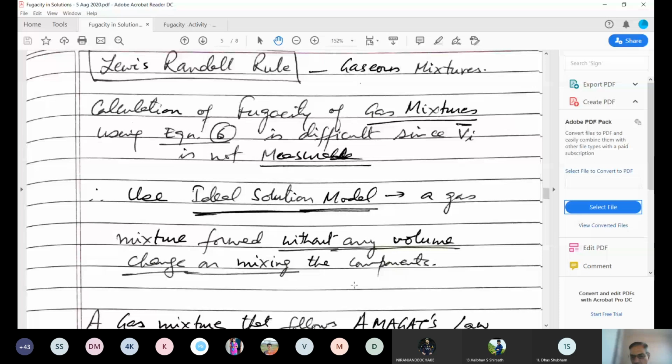Molar volume is for a pure component. Partial molar volume is for a component in solution. Right? And we had done an example too. Which example was it? We had solved a problem. Does anybody remember the problem?